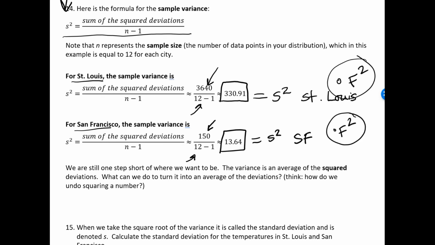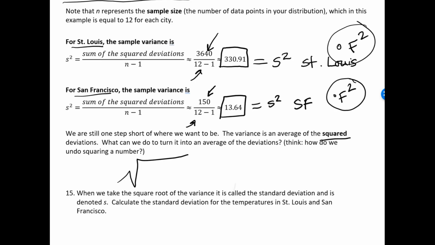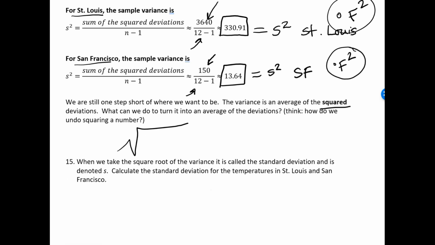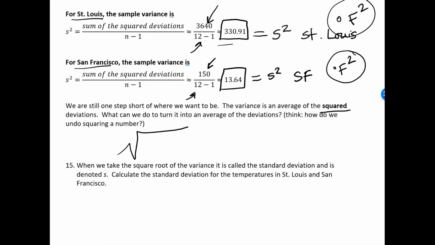Okay. So the variance is an average of the squared deviations, but squared deviations are not really what we're interested in. It's not our initial unit of measurement. So what can we do to turn it into an average of the deviations? So if we squared everything, what do we do to undo squaring? That's where our buddy, the square root function, comes in. Okay, so we're going to take the square root of each of these to undo that squaring that we did.